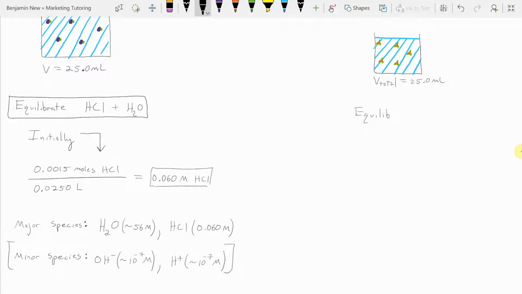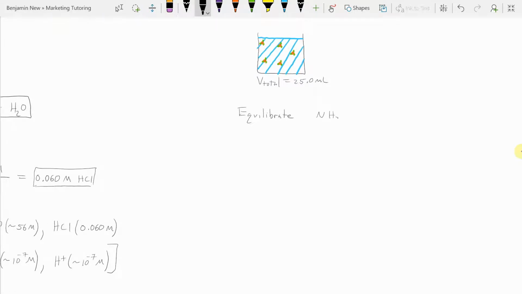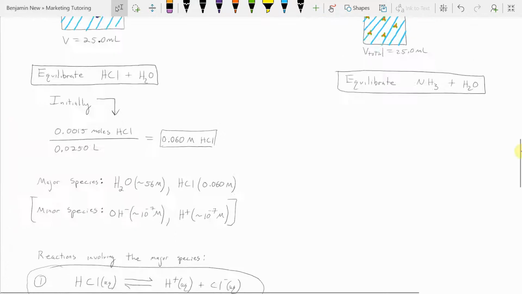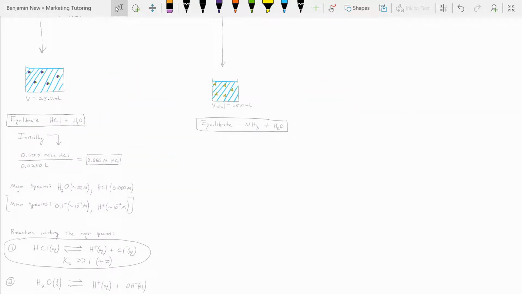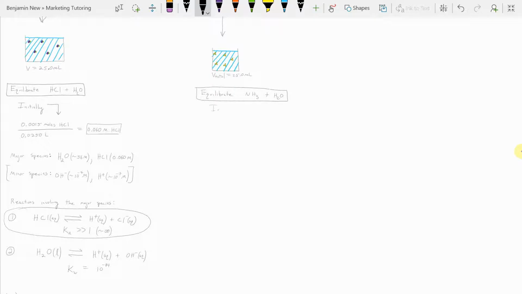So we're going to equilibrate ammonia and water. And you're thinking forward, we are going to eventually allow the HCl and the ammonia to equilibrate. But I want to give you a more holistic view of what's going on and how to think about this in a sequential way.